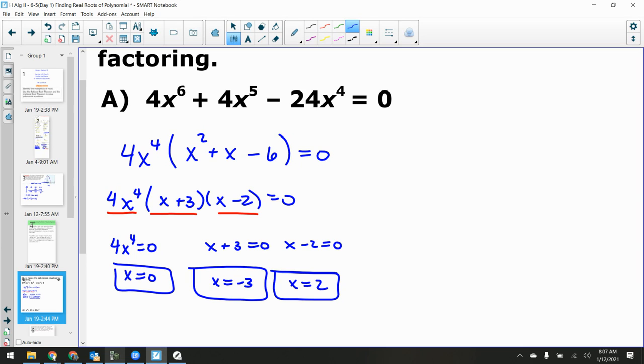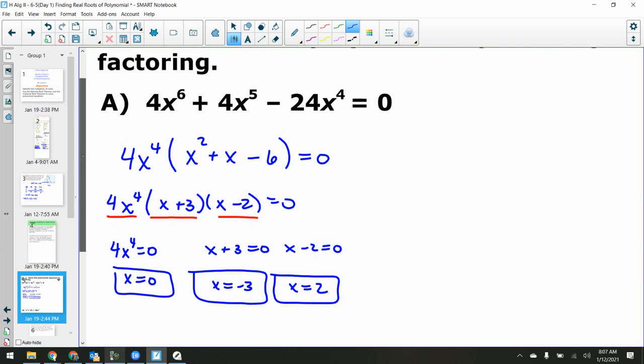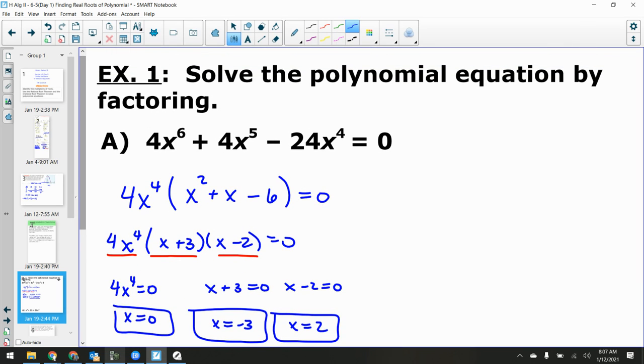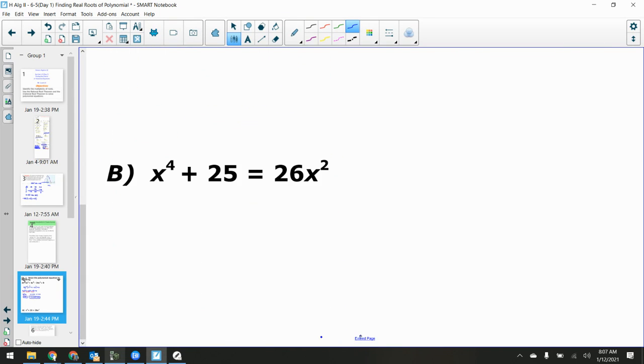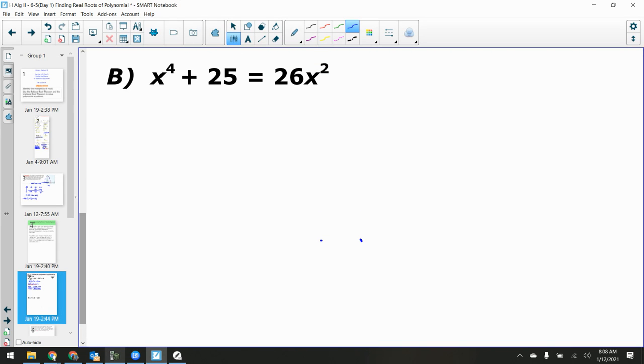If I just say factor, that's where you stop. I can tell you to solve, that means get x equals. I can tell you to solve by a given method. Solve by factoring, so you're going to use factoring to solve it. Don't stop at factoring.